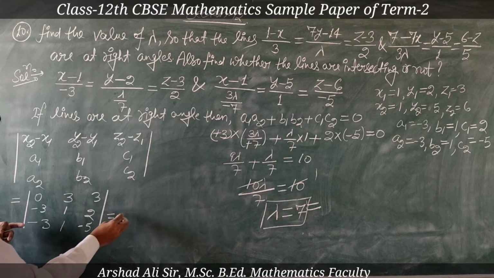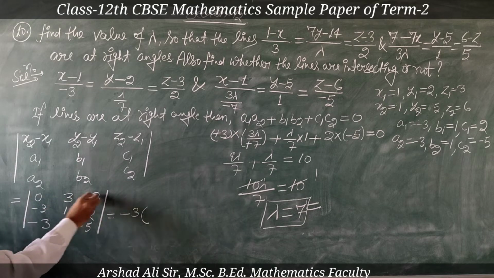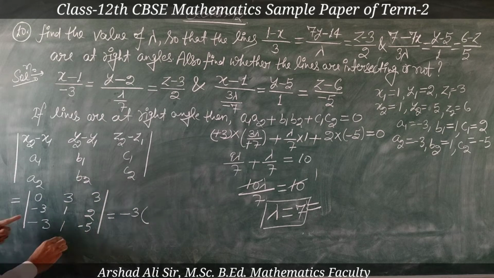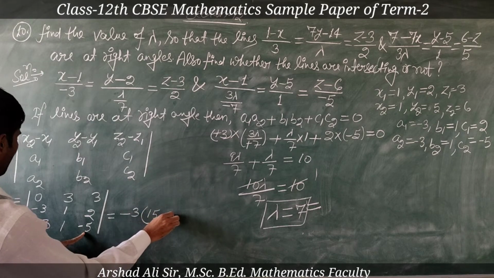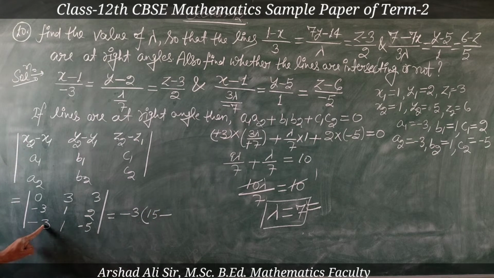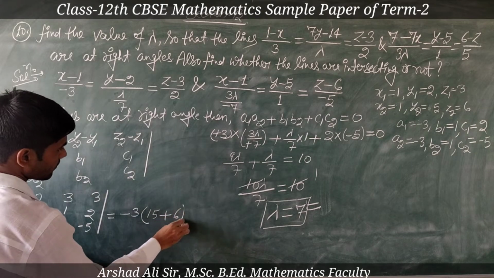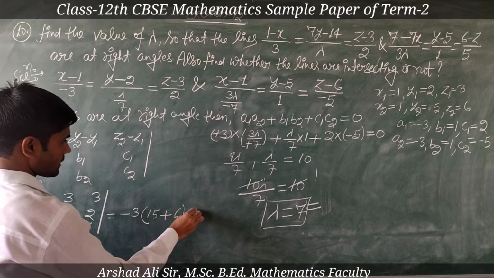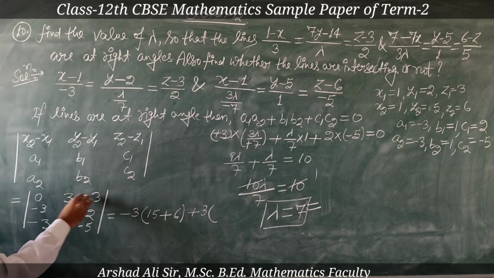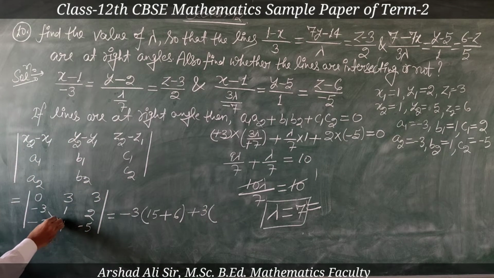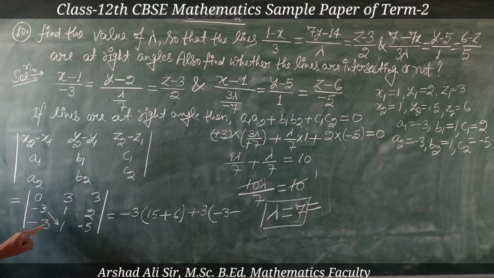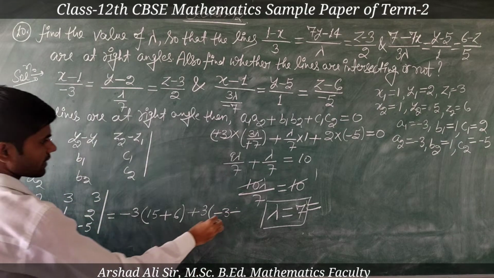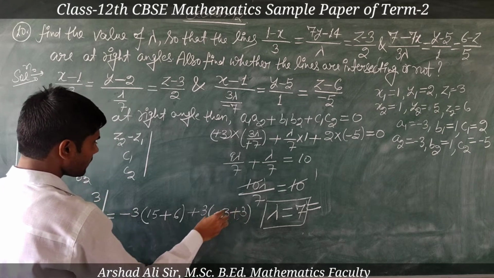First row, second column, minus 3 multiply minus 5, it will be plus 15, minus 3 multiply 2, it will be minus 6, minus minus 6 is plus 6, plus 3, first row, third column, minus 3 minus minus 3, it will be cancelled.